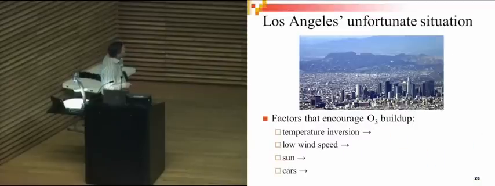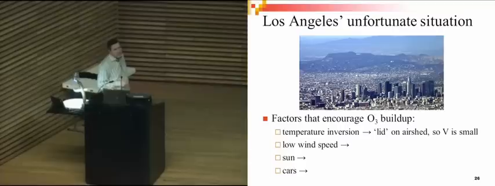So in Los Angeles, we've got some geographic factors that can cause for these buildups of ozone. The first is we can have temperature inversions. So essentially our mixing height within the urban area is small. It essentially puts a lid on our air shed, reducing that control volume, so increasing our concentration of ozone.